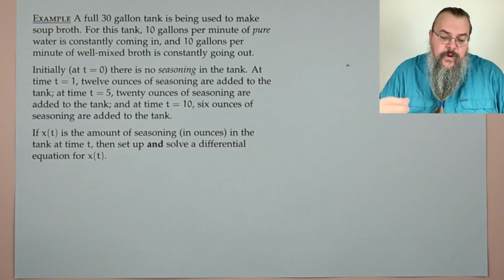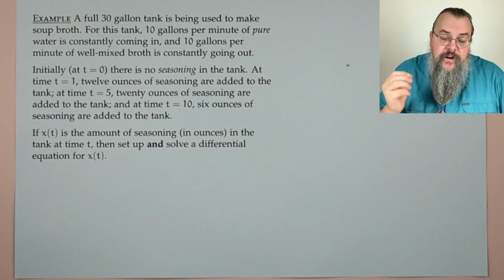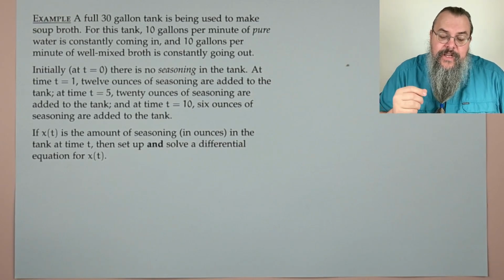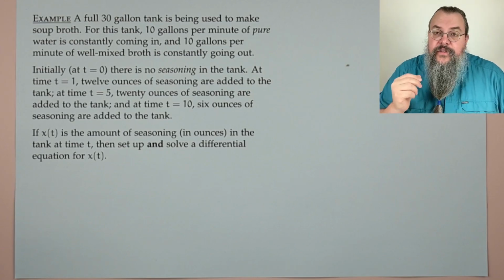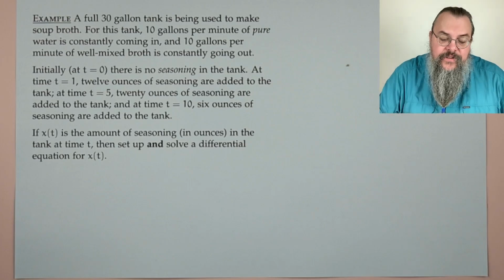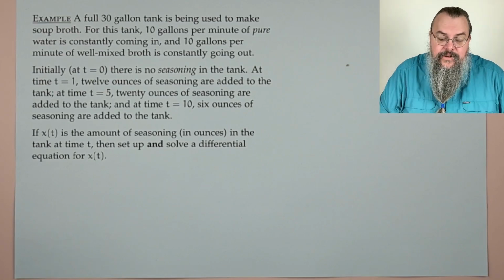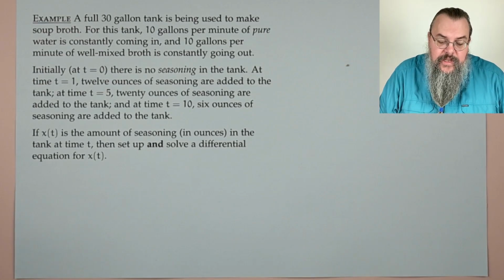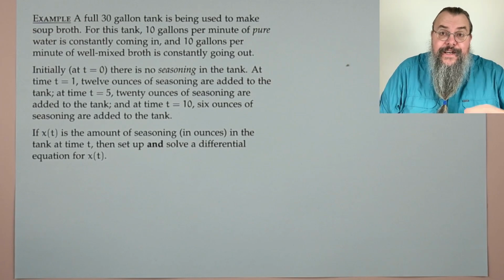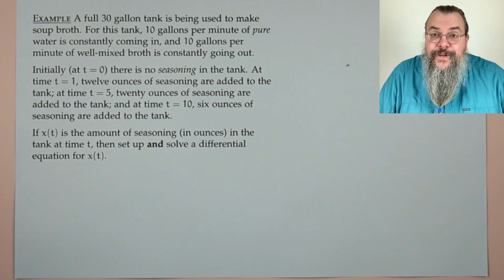At time t equals 1, 12 ounces of seasoning are added to the tank. At time t equals 5, 20 ounces of seasoning are added. And at time t equals 10, 6 ounces of seasoning are added. So, if x of t is the amount of seasoning in ounces in the tank at time t, set up and solve a differential equation for x of t.